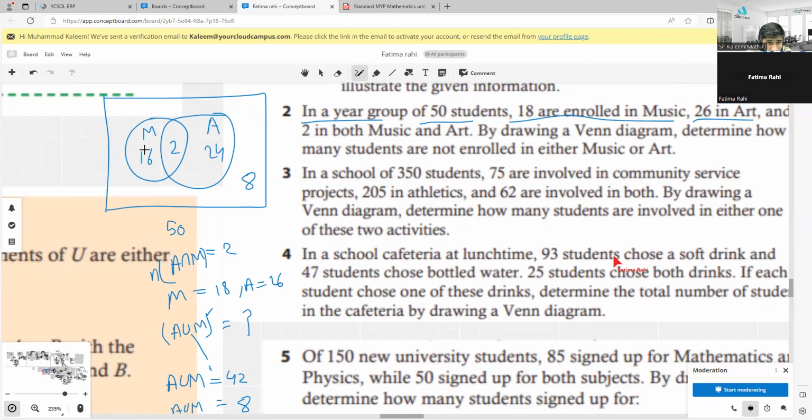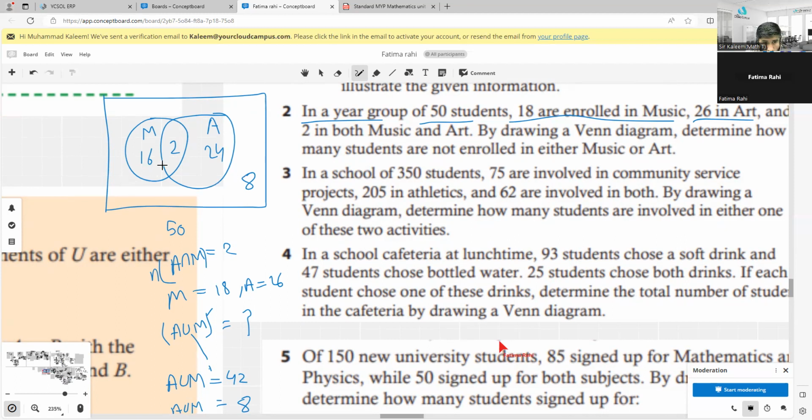If you take 2 here and 18 here, that will be a total of 20 students in music. You have to make 18 students, not 20. You don't have to contradict the conditions; just check that all the conditions are fulfilled.